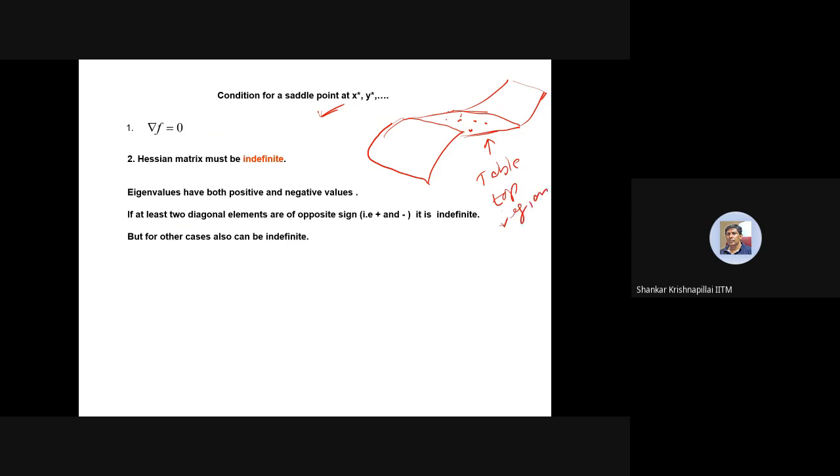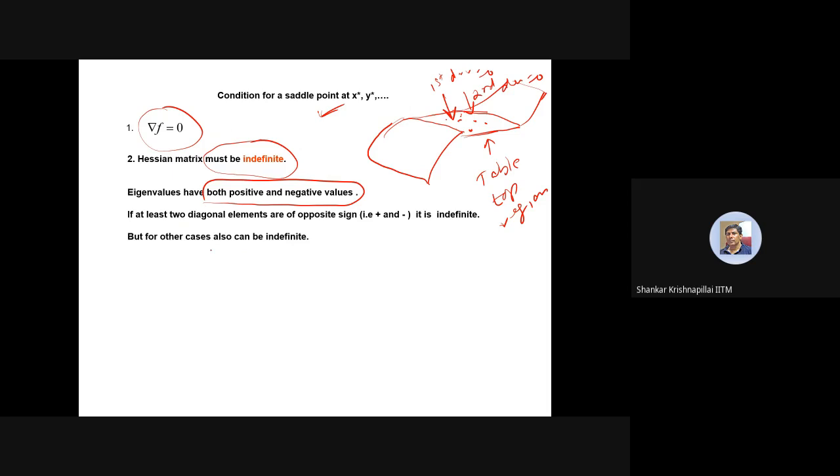Here the first derivative is equal to 0 and the second derivative is also equal to 0. So what are the conditions for the saddle point? The first derivative is equal to 0, and the Hessian matrix must be indefinite. What is the meaning of an indefinite matrix? An indefinite matrix means the eigenvalues can be both positive and negative.